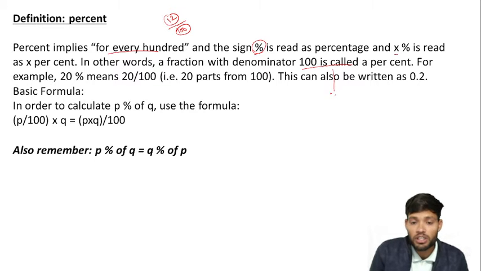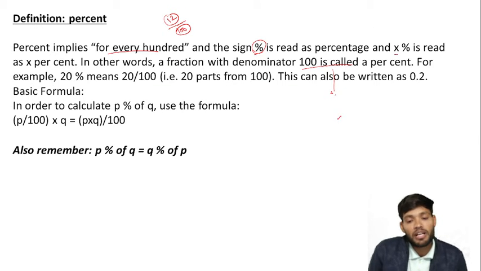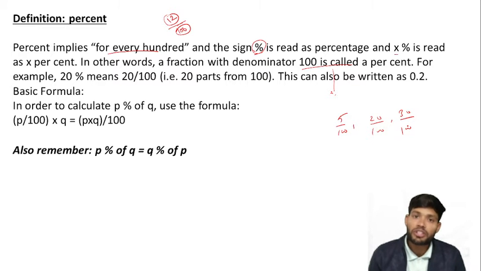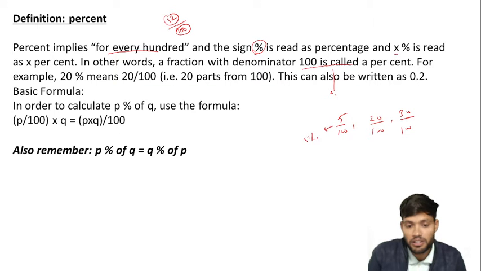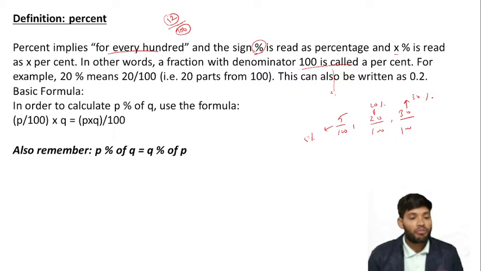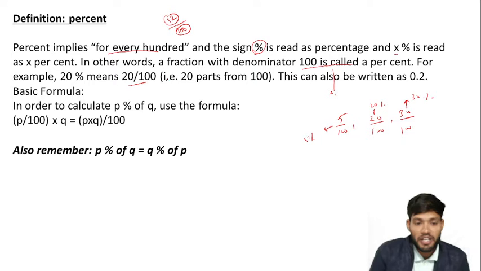Any fraction like 5 by 100, 20 by 100, 30 by 100, any fraction with denominator 100 is known as percent. This is equal to 5%, this is equal to 20%, this is equal to 30%. For example, 20% means 20 by 100, that is 20 parts from the 100.